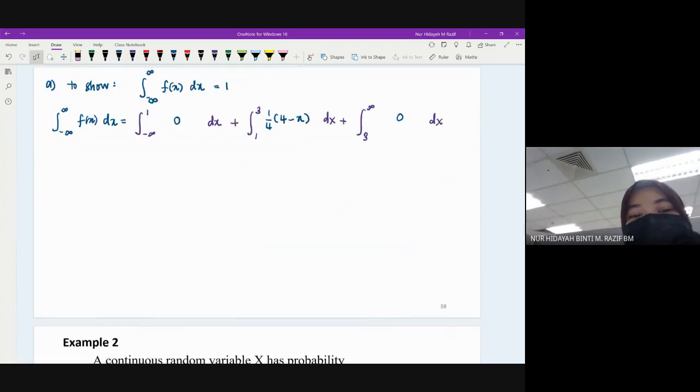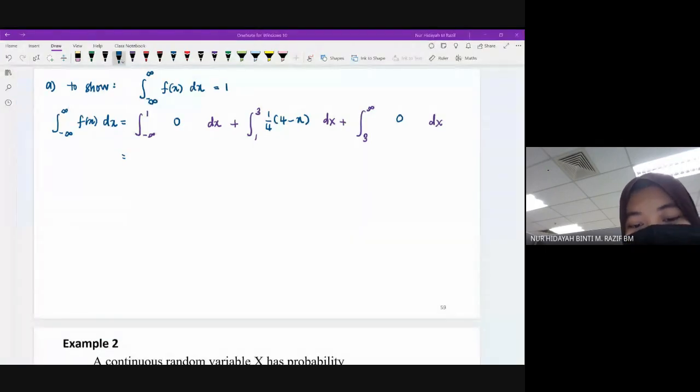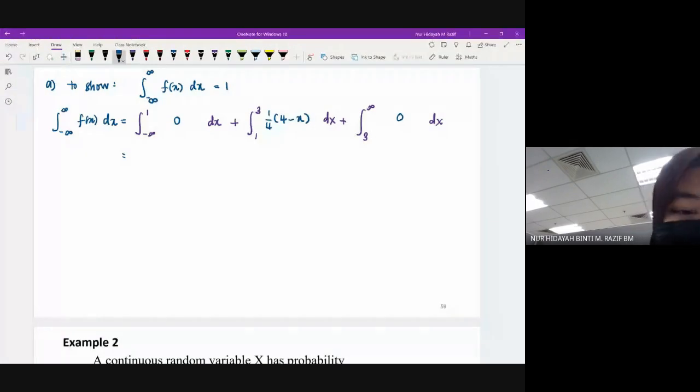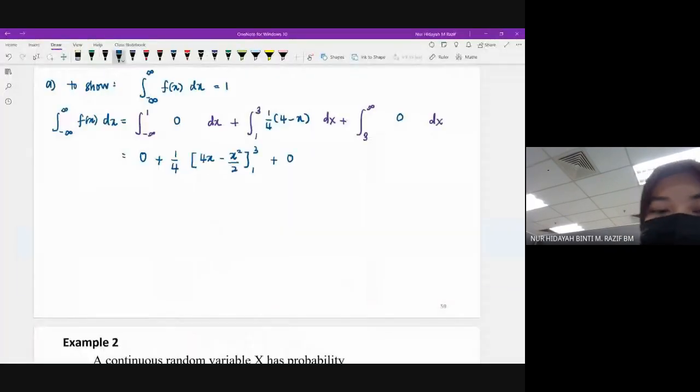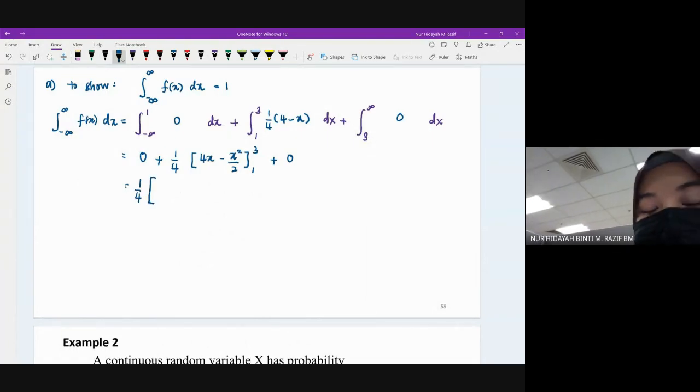Now kita integrate sahaja. You are going to get this is equal to integrate kosong dx. Kita akan dapat apa? Benda tu tak ada efek apa-apa, so dia tetap kosong. Ditambahkan dengan keluarkan 1/4 integrate 4 tolak x. So I'm going to get 4x minus x square over 2 daripada 1 sehingga 3 ditambahkan dengan kosong kat belakang. Selepas itu kita buat macam biasa sahaja, kosong dengan kosong tak payahlah tulis, dah boleh stop tulis. So yang ni kita boleh selesaikan 1/4 constant sahaja, yang dalam ni selesaikan, masukkan nilai 3 dahulu.